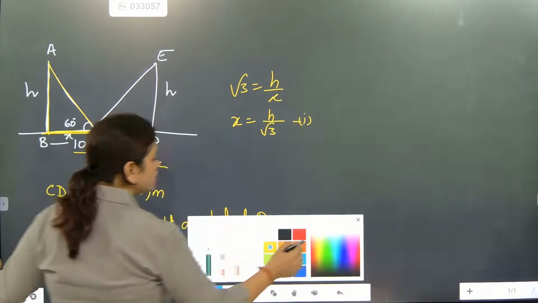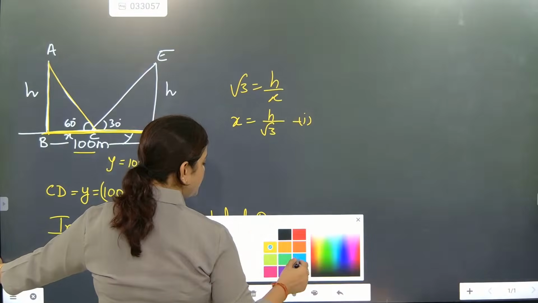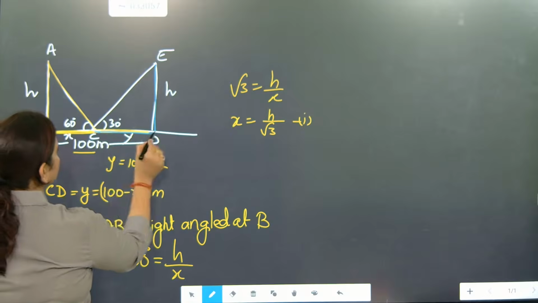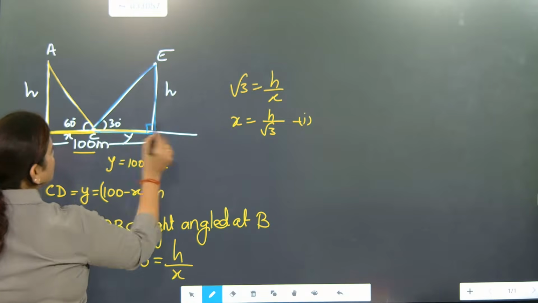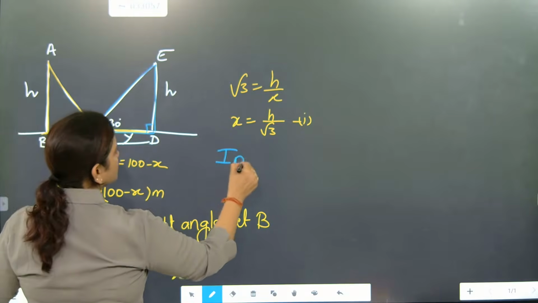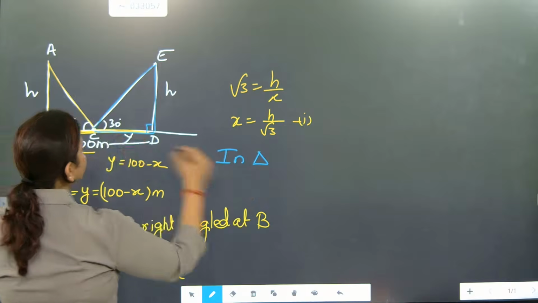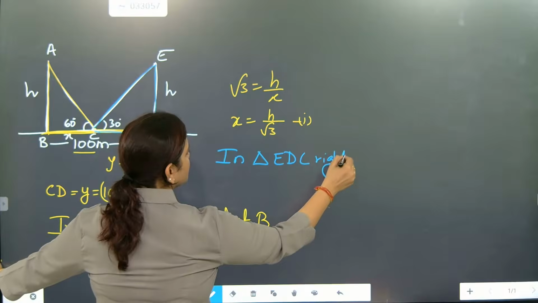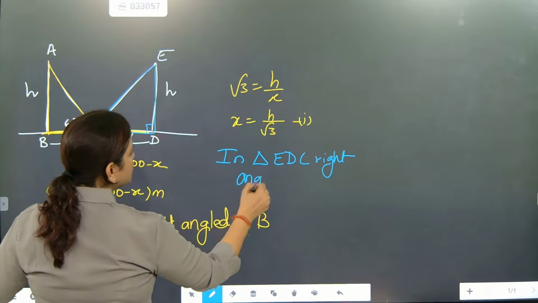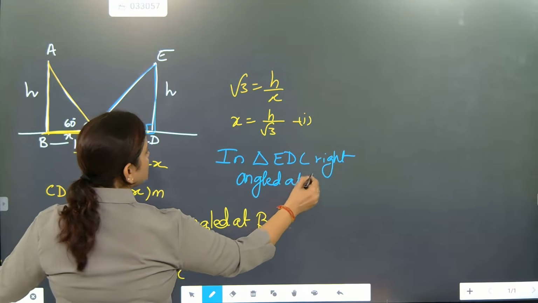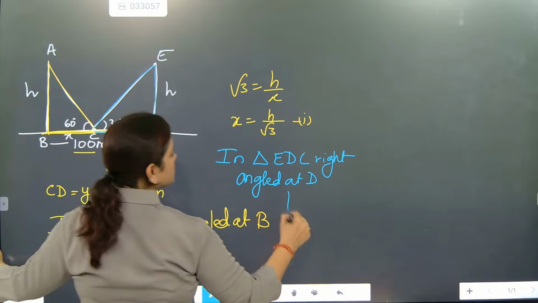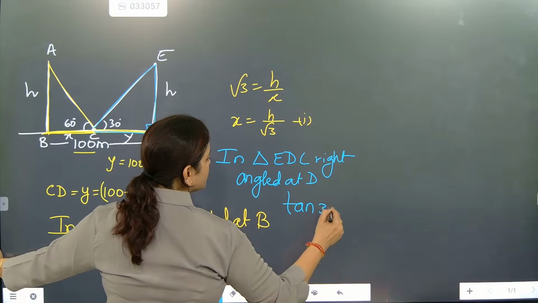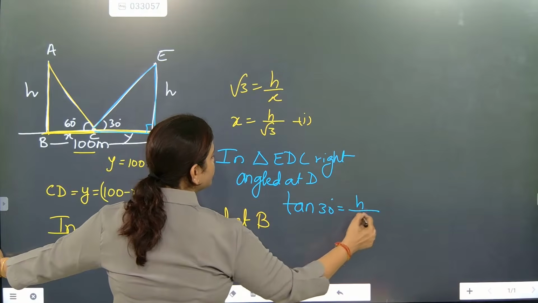Now we will go with the other triangle. In triangle EDC, right angled at D, tan 30 degree is equal to h by y.